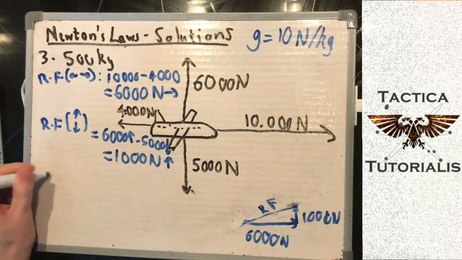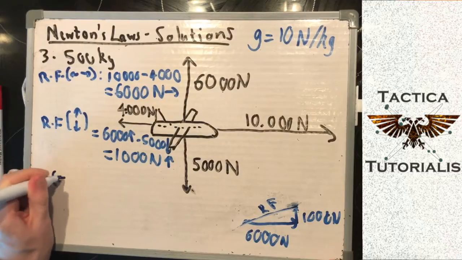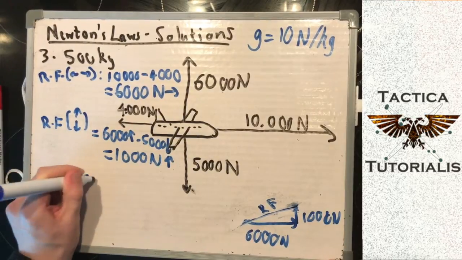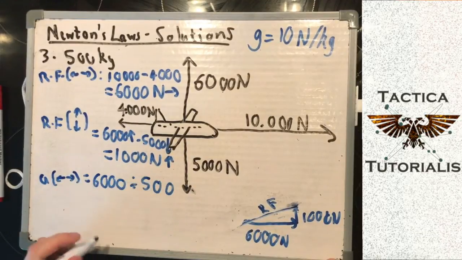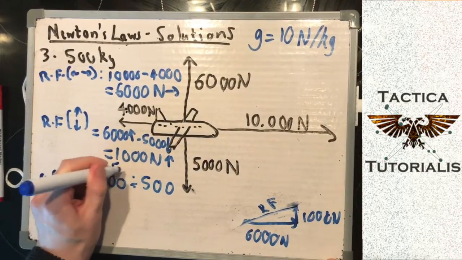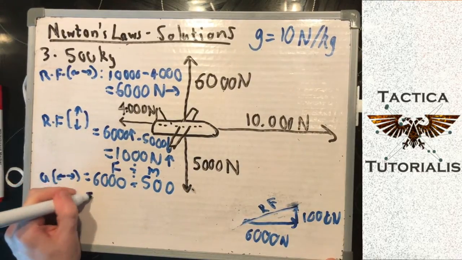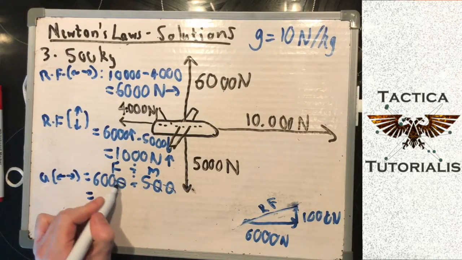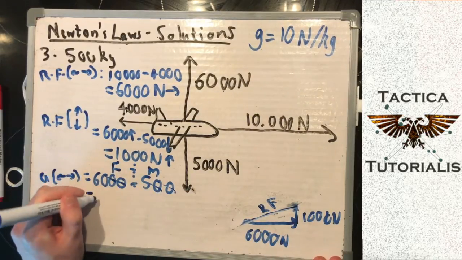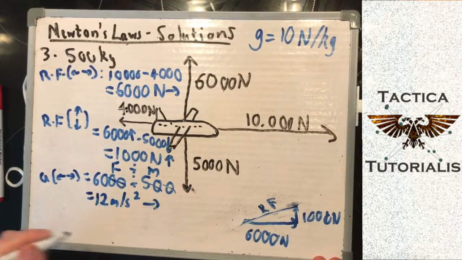So that means our acceleration in the horizontal equals 6,000 divided by 500, because for Newton's second law, it's F divided by m, remember. And that is equal to, I can do this in my head, cancel that, cancel that, 60 divided by 5, which is 12 meters per second squared to the right.